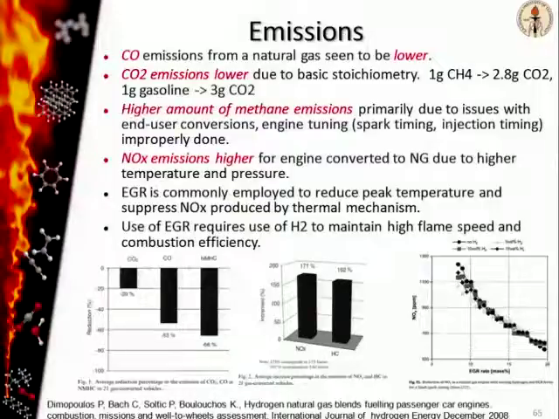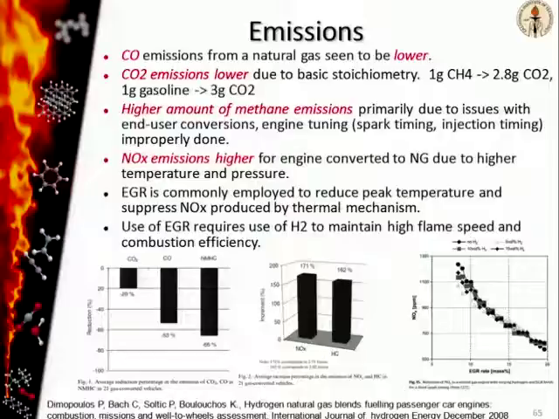In terms of emissions, you find that with the use of natural gas, the carbon monoxide emissions are lower. Carbon dioxide emissions are typically lower because of the lower carbon content in the fuel. However, there's an increase in methane emissions, but this is primarily seen in engines with conversions done by the end users themselves, who are not completely aware of the need to tune the engine to reduce emissions when you switch from gasoline to natural gas.